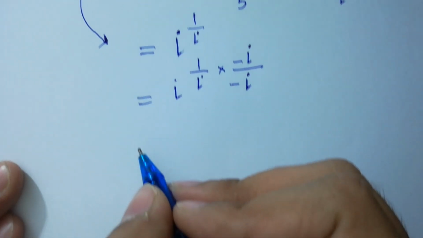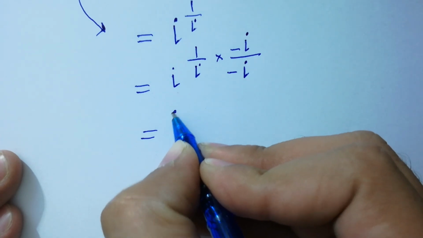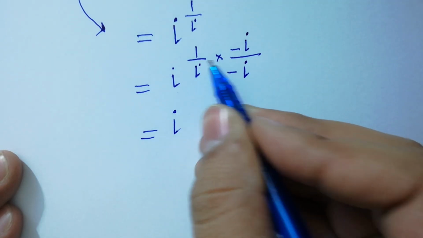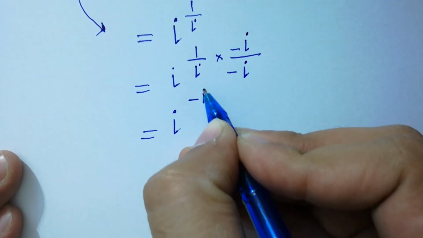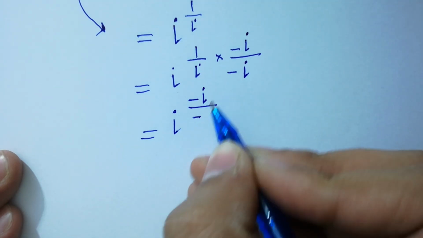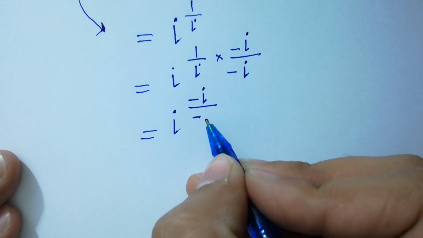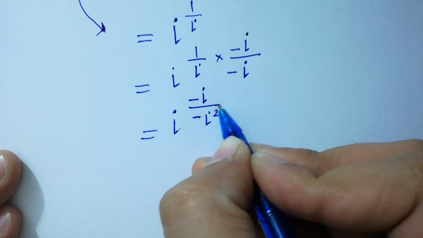We have i to the power 1 times minus i over minus i times i square. Clear?